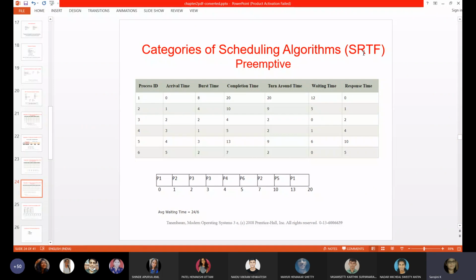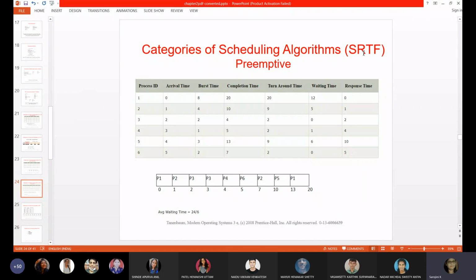For example, one process's CPU burst time is 5 milliseconds, assume, when it entered the ready queue. Please, you have to concentrate, you have to listen keenly. Assume one process enters the ready queue with 5 milliseconds as the CPU burst time.